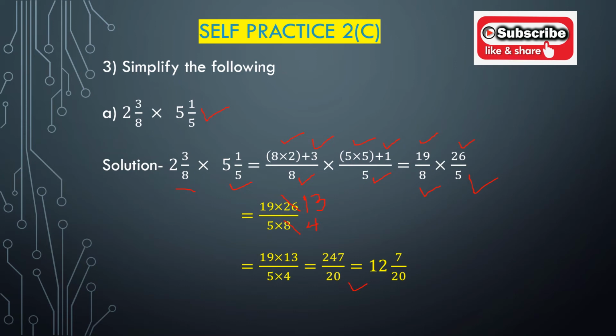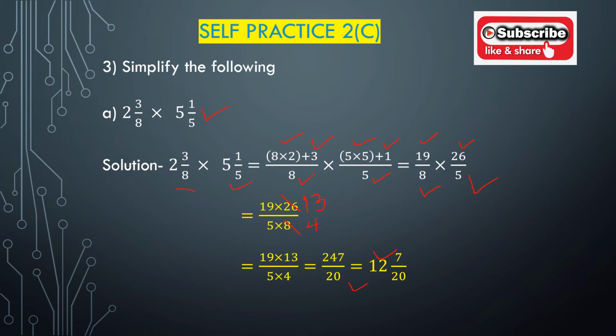We have to convert this improper fraction into a mixed fraction, that is dividing the numerator by the denominator, and 12 is the quotient, the remainder over the divisor. I will send the link on how to convert an improper fraction into a mixed fraction in the description box, and you can go to the description box and watch that video.